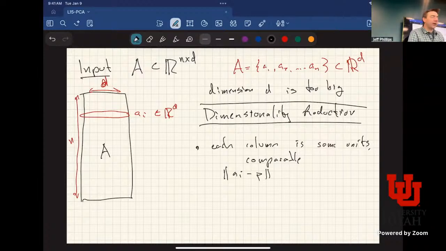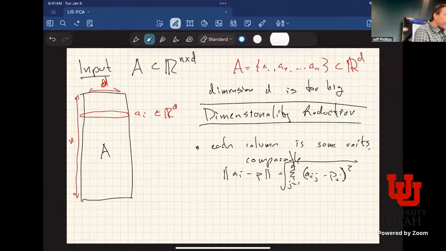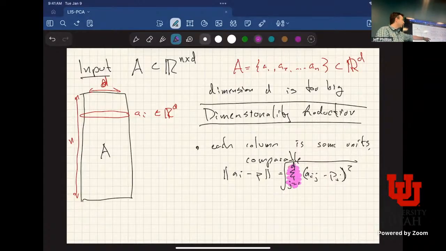These are both points in R^d, and I'm measuring the Euclidean distance. If you remember, this is the sum over j equals 1 to d of (a_ij minus p_j) squared. Because I'm summing over these coordinates the square of the difference of the coordinates, if the units are not comparable, this distance will not make sense at all. And this will show up in what we're trying to optimize here.